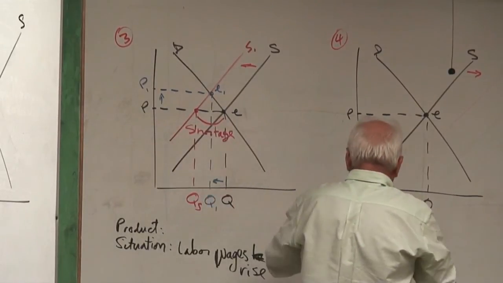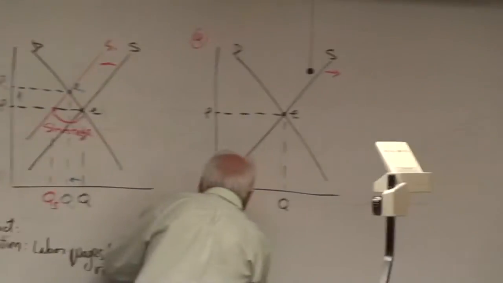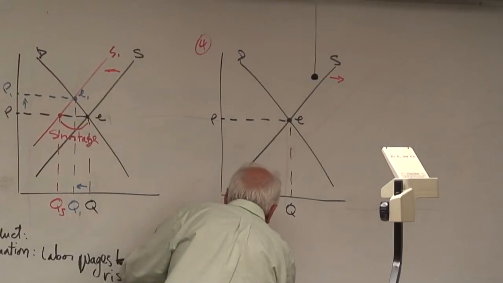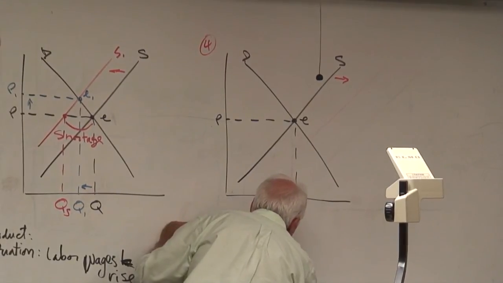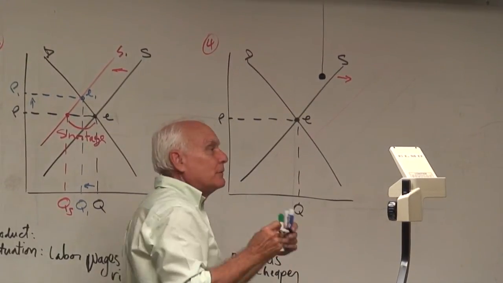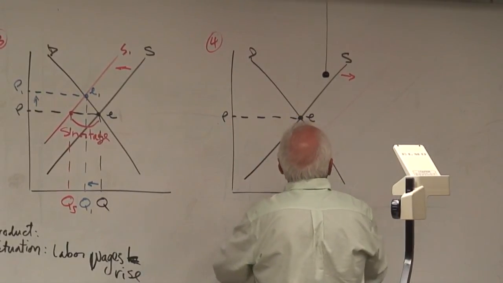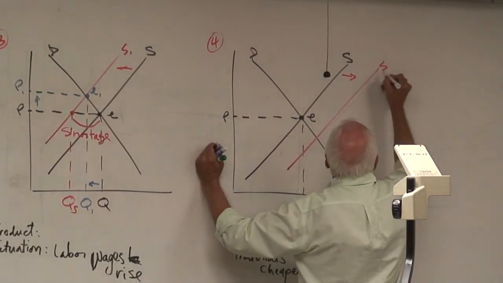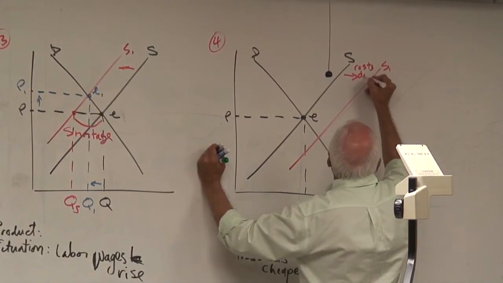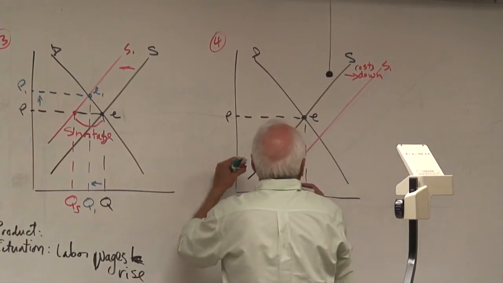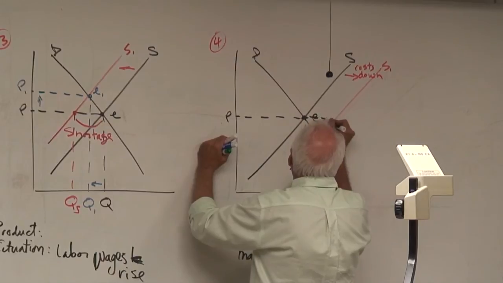Another might be a situation where the materials are cheaper. You get a whole bunch of material in at half the price as before. So suddenly that means the costs have gone down, and they're able to produce more at that original price than before.